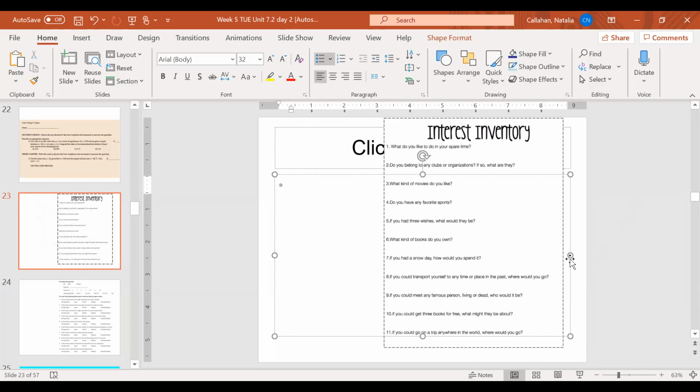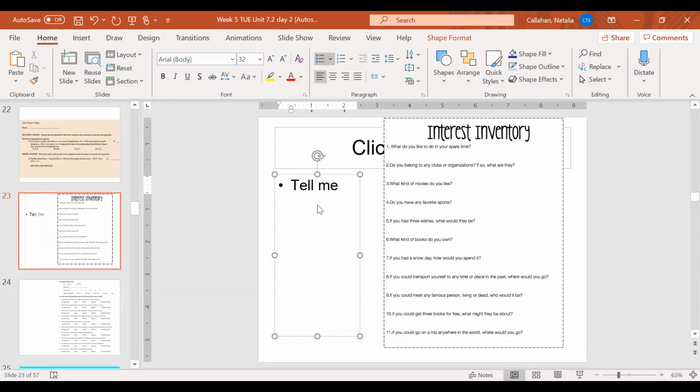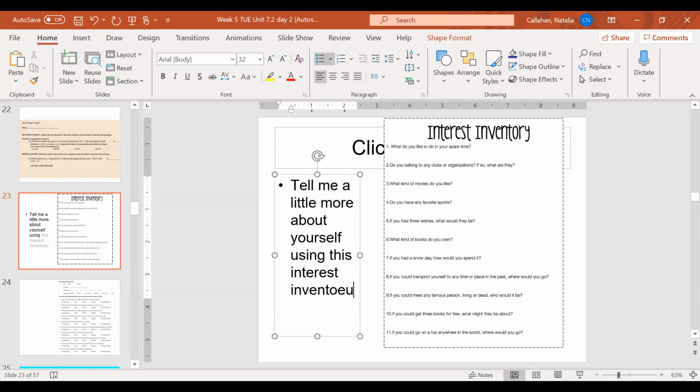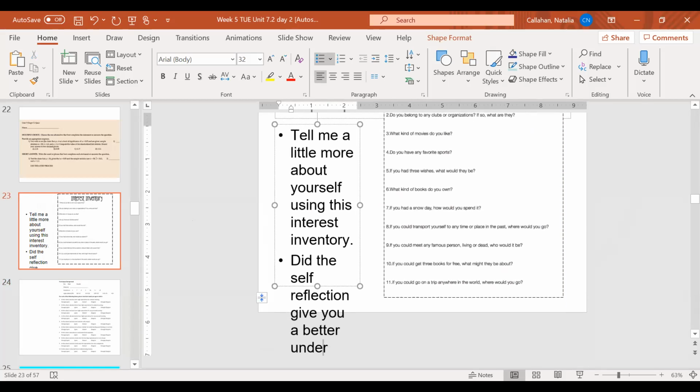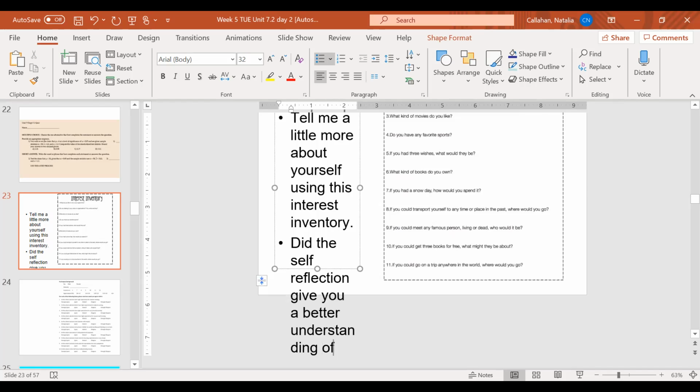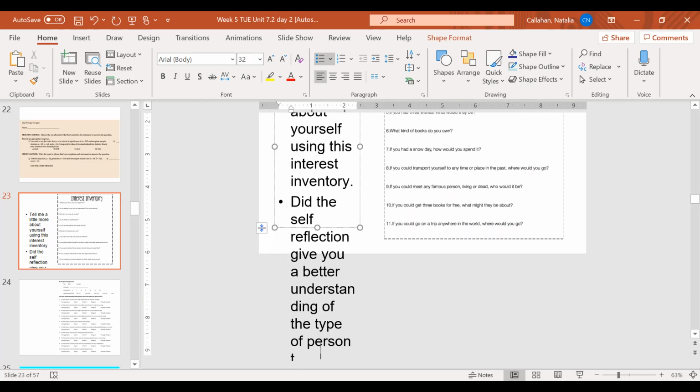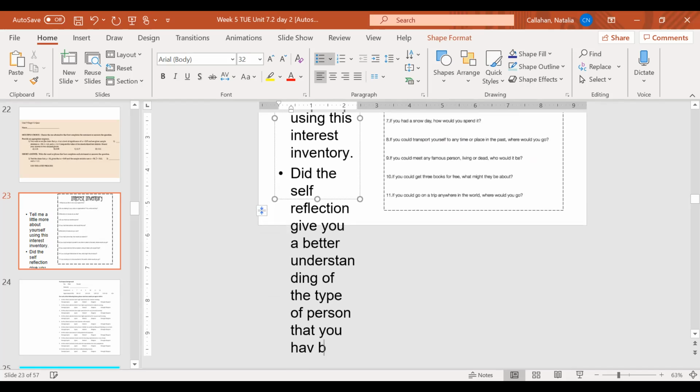So your job is to learn a little more about yourself using this. At the end of the inventory, did the self-reflection give you a better understanding of the type of person you have become?